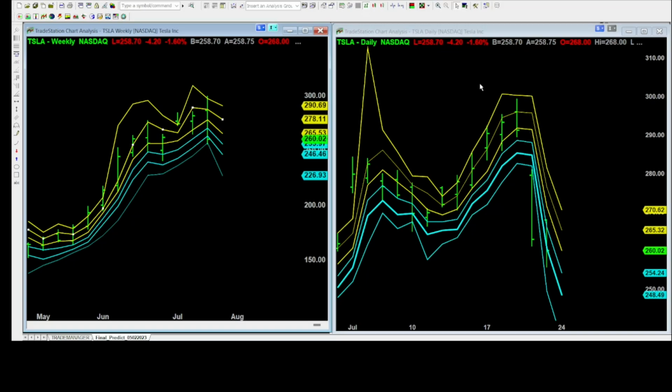Then on Thursday it opened low, also below this bottom blue trend line, which is a very bad sign. In this kind of scenario, the blue trend line will also become a resistance.